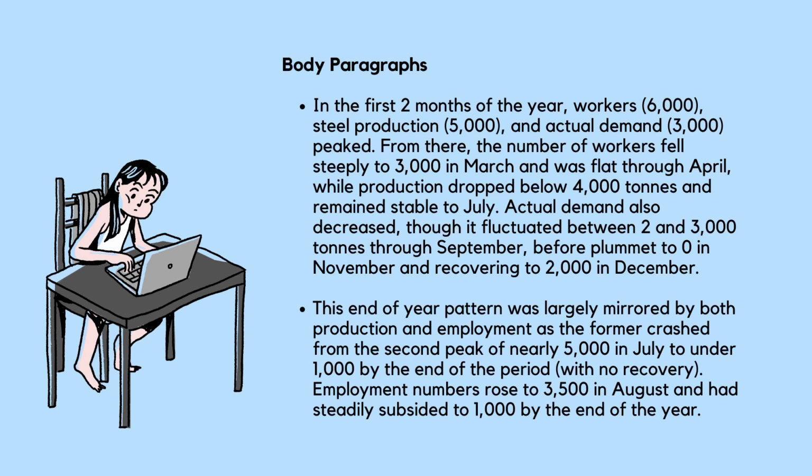Then I have used the conjunction while, and to show the decrement, I have used the word dropped. And for again showing the stability, I have used remained stable. And after that, in the last line, I have used the words decreased and plummet to show the downward trend.